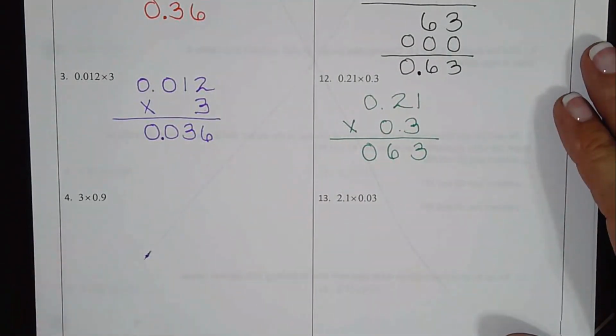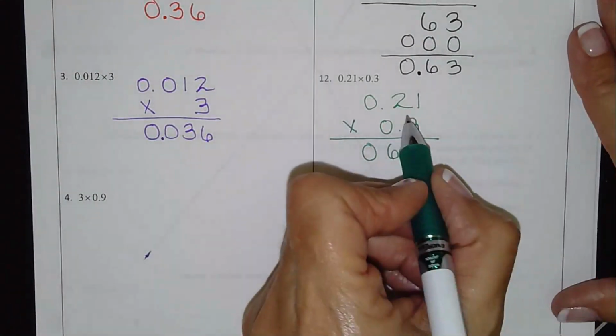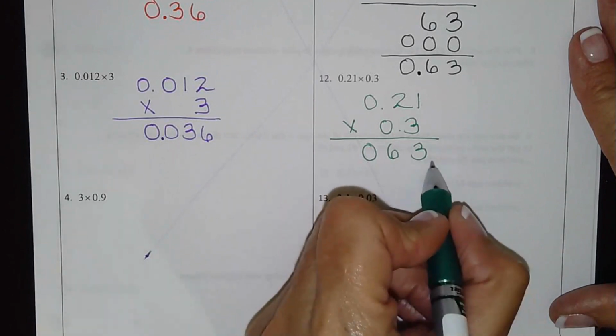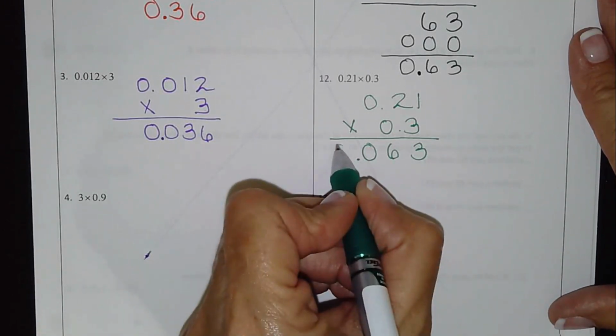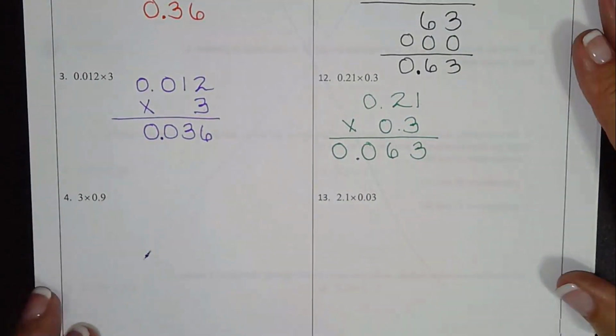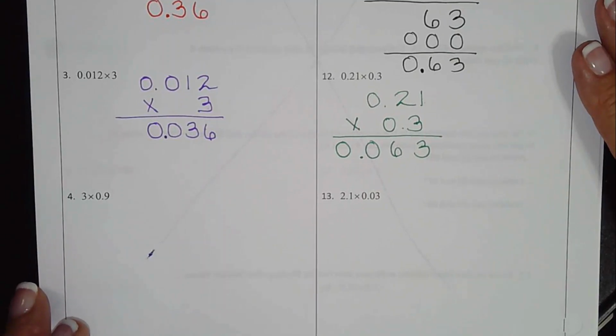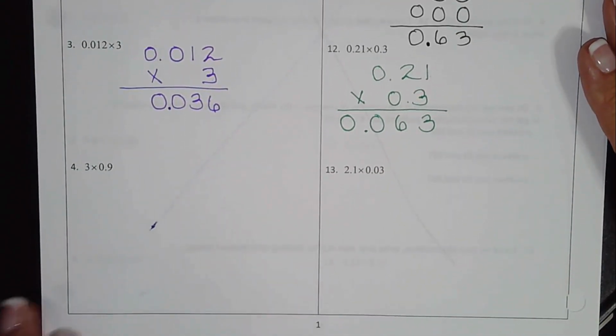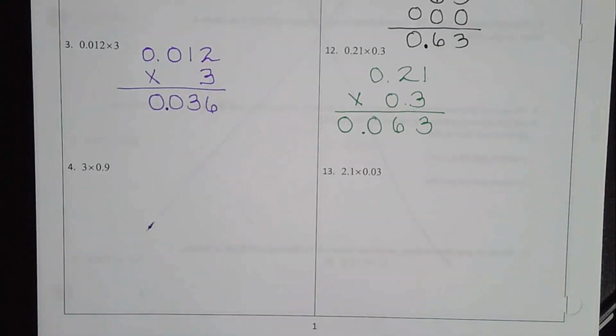But you do have to count the decimal places to get your final answer. 1, 2, 3 total. So count from the back. So that means we need to put a 0 up there in front. And Alex will remind you if you don't put it there. So make sure you do, or you'll keep getting little snippy messages from it. Because legally you are supposed to have zeros in front of your decimals.